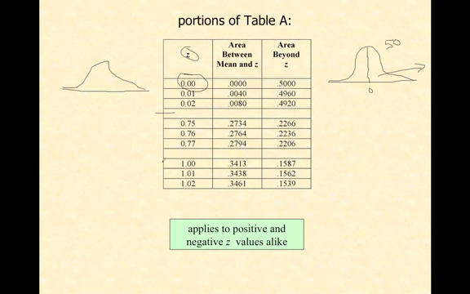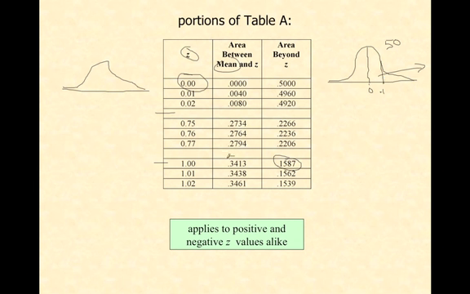Let's look down here. I'm going to skip down to plus 1. If we think about plus 1, we can see that now only 15.87% of our distribution lies beyond that observed z-score. And it must be true that 34.13% of the distribution lies between the mean, so between 0 and plus 1.